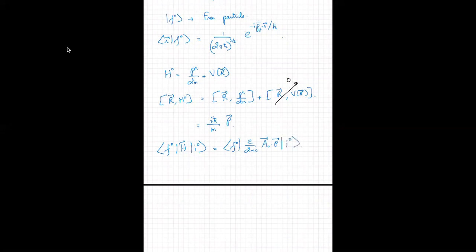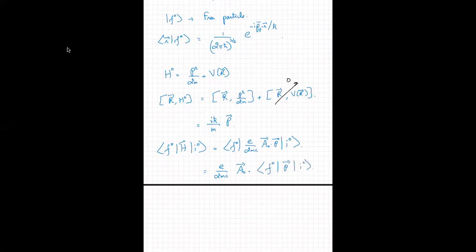Remember that A0 is just a classical constant vector, so I can pull out all the constants: e over 2mc A0 dot F0 P I0.